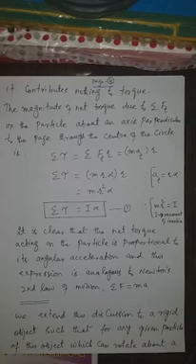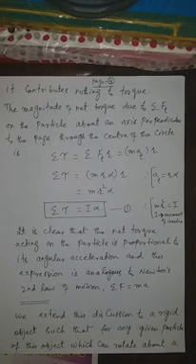As by Newton's second law, we claim that summation F is equal to ma. Here an equivalent expression for angular motion is summation tau is equal to I alpha. So I is serving the same purpose as mass serves in linear motion.